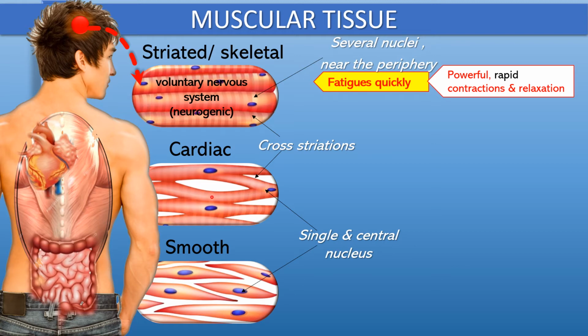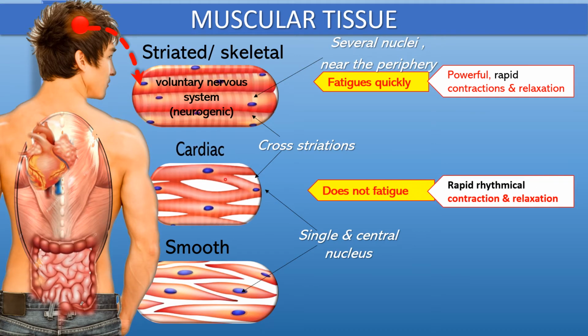Now the cardiac muscles are different. The cardiac muscles can do rapid rhythmical contraction and relaxation, but it is not a powerful contraction. And this contraction happens throughout our whole life. Otherwise, if our heart stops beating, we die.